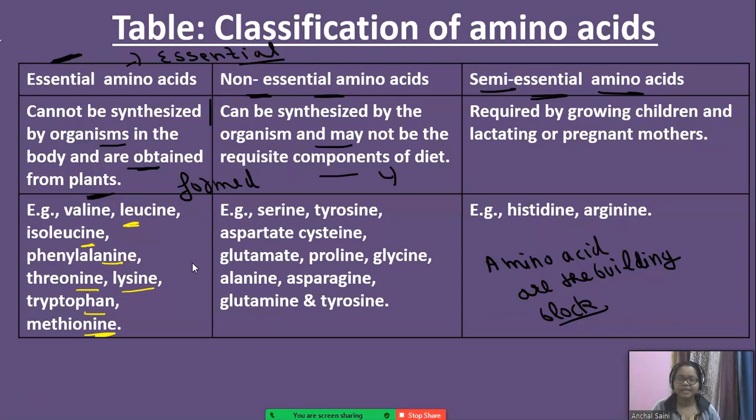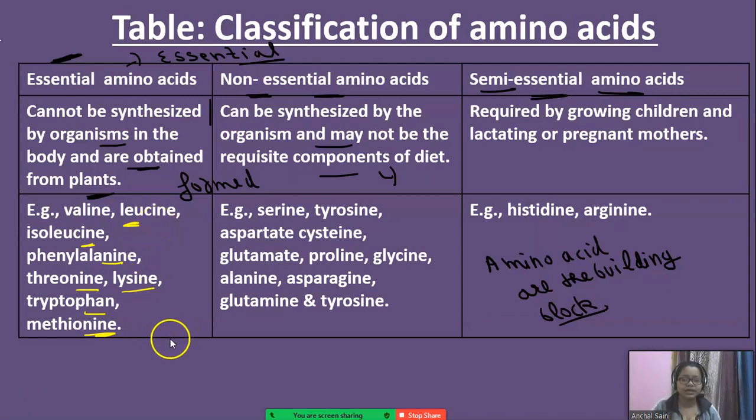Don't worry, I am giving you a small trick so that you can remember them. Many a time multiple choice questions can be asked, in which you are given options asking which of the following is an example of an essential amino acid or which is an example of a non-essential amino acid. This type of question can be asked in your exam.